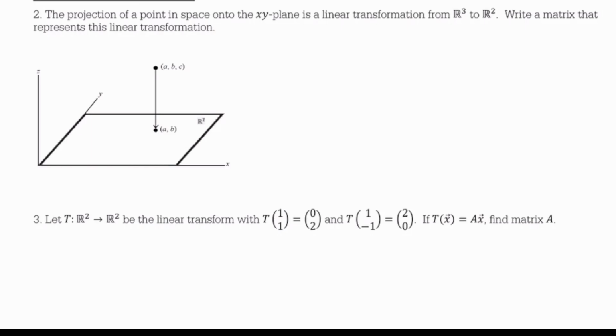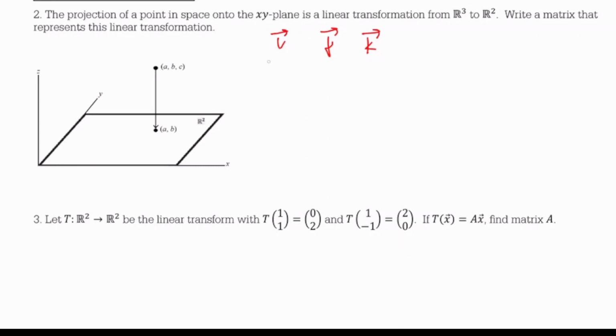So the projection of a point in space onto the xy plane is a linear transformation from R3 to R2. If we're going from R3, then we're starting off with three basis vectors, i, j, and k. The matrix that represents the linear transformation will be whatever happens to the transformed i, j, and k; those will be the columns of my matrix.